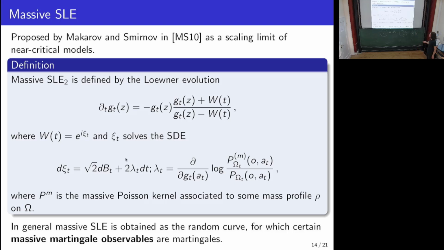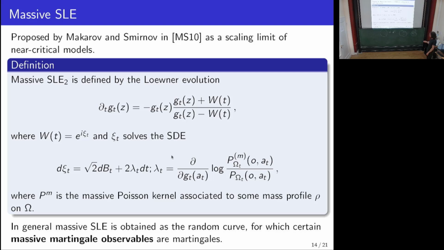And if you didn't have this lambda d/dt here, then it would just be a regular radial SLE. And massive SLE just has a drift term. And the drift term depends in some quite non-trivial way on the domain that you've already seen.